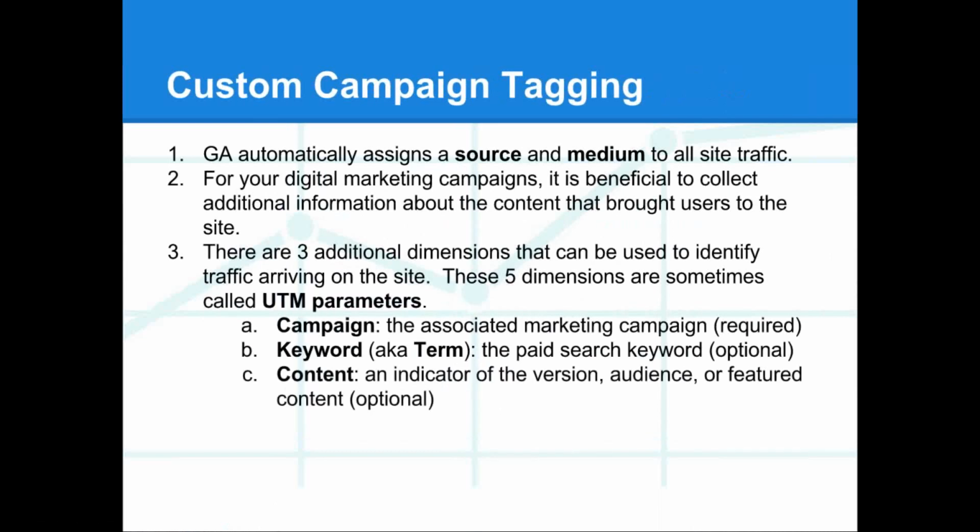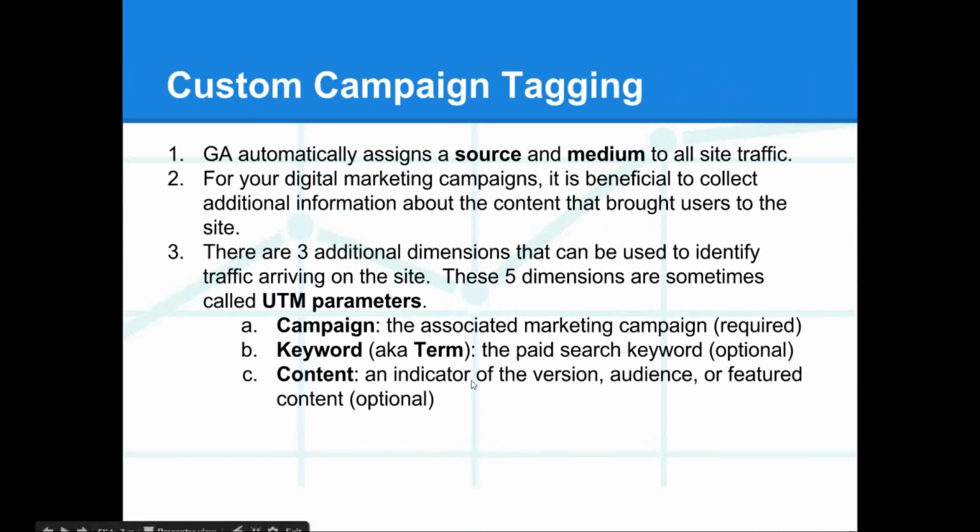Those 3 additional dimensions are campaign, keyword, and content. Campaign is simply an identifier for the marketing campaign that you are running. When you're doing this custom tagging, campaign is a required field. But the other 2 dimensions, keyword and content, are optional.